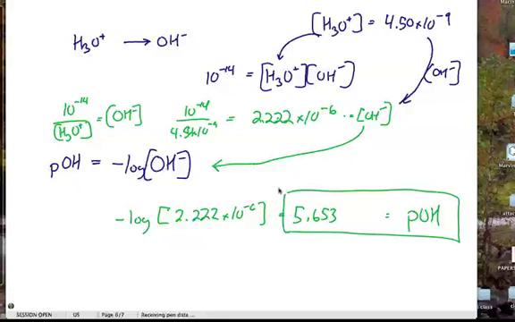What's not 100% obvious is there's another relationship. It turns out that 14 is equal to pOH plus pH. So if we know the pOH, we can use it to find the pH, and vice versa. So if we just plug this value in, we can say, what is the pH when the pOH is equal to 5.653?